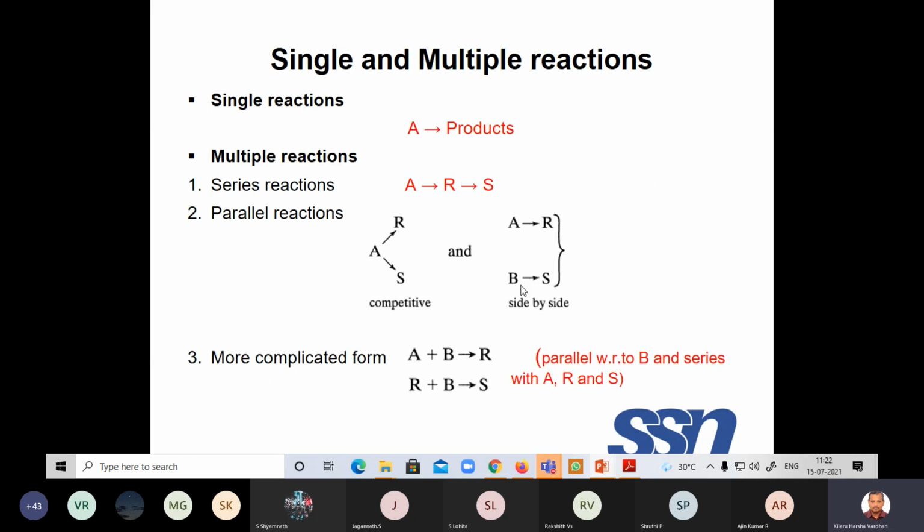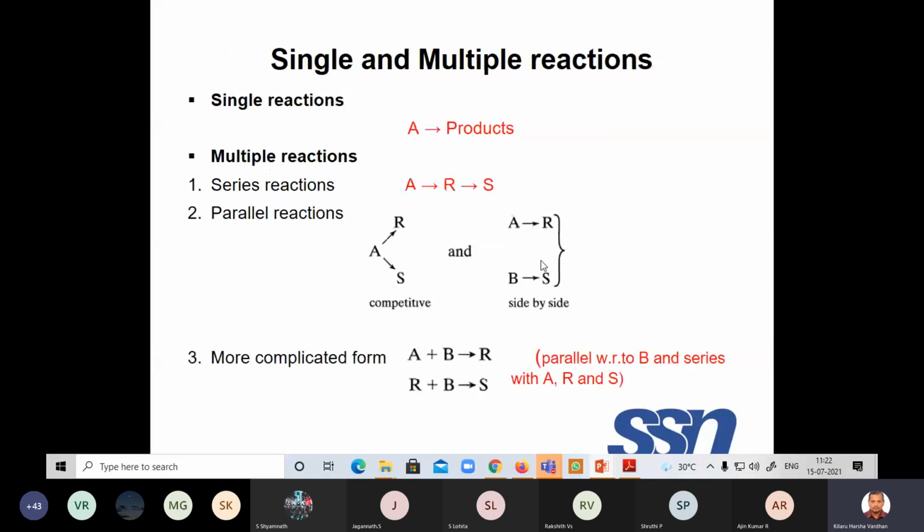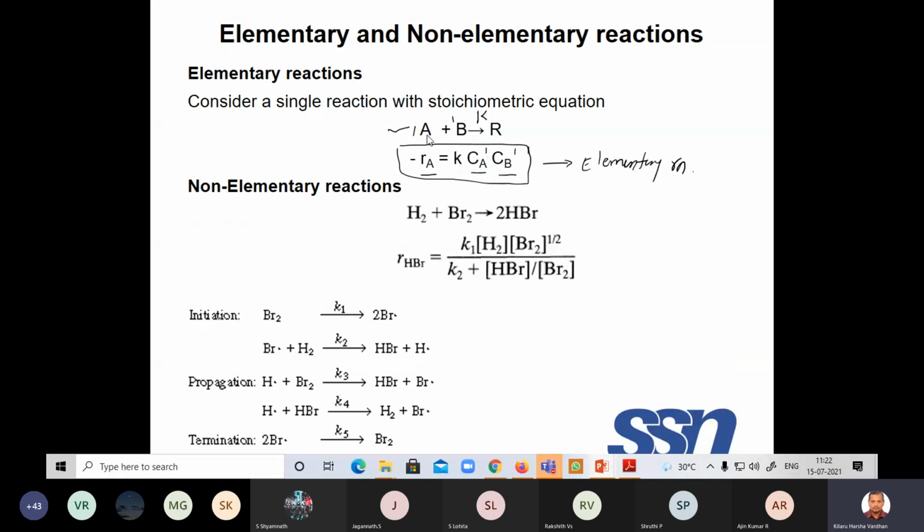That is alpha, what I just told here. So that alpha is power 1 because of the stoichiometric coefficient here. If the stoichiometric coefficients correspond with this particular rate expression, then we call it an elementary reaction. So for an elementary reaction, we can tell the order.